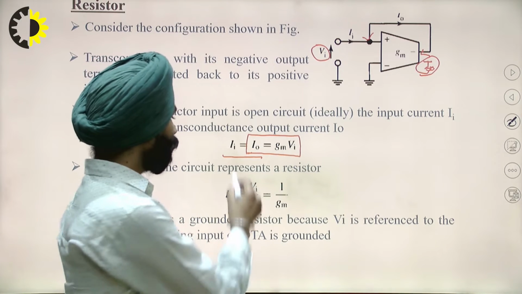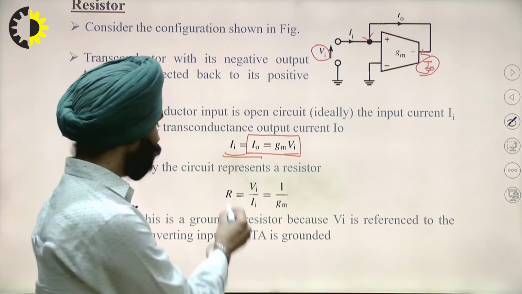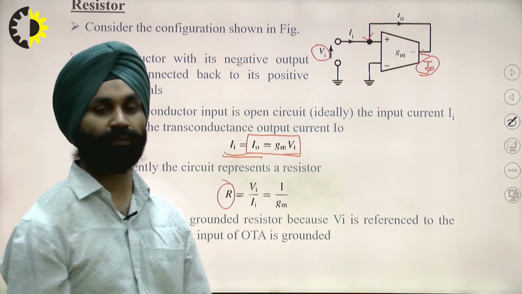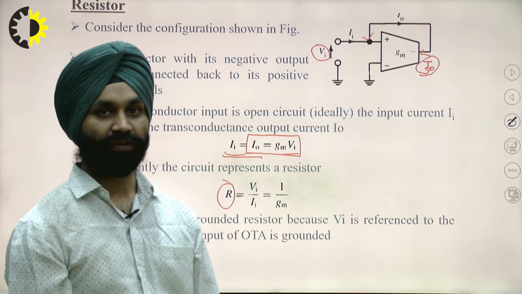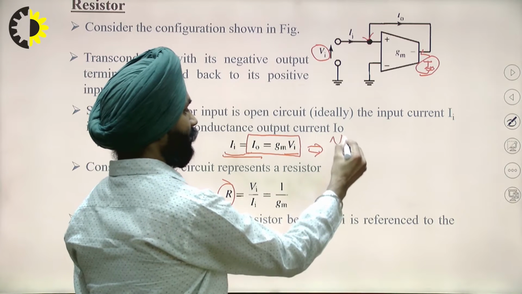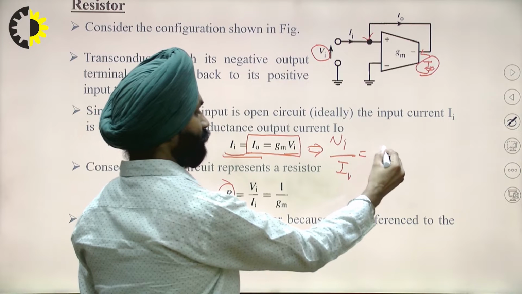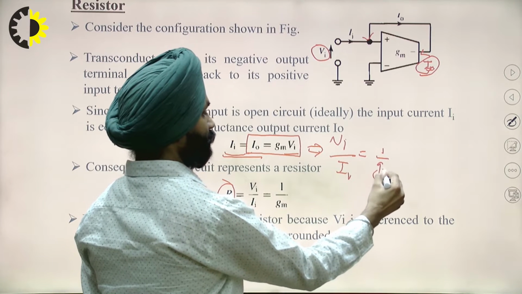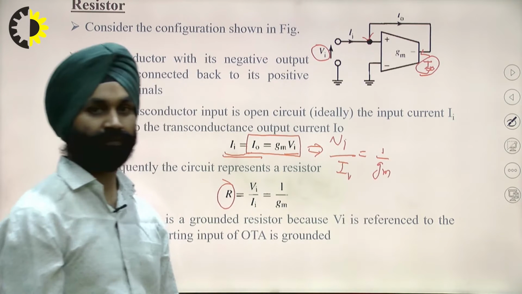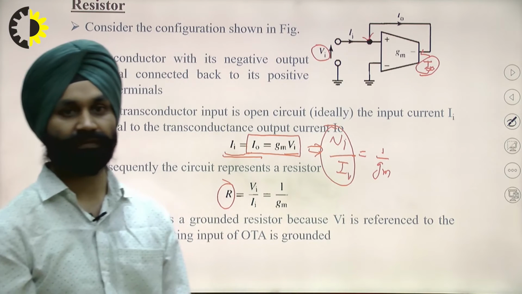From here, if we take the ratio of voltage and the input current, this will give the input resistance. So the ratio Vi by Ii will be equal to 1 by Gm. This ratio is the resistance.